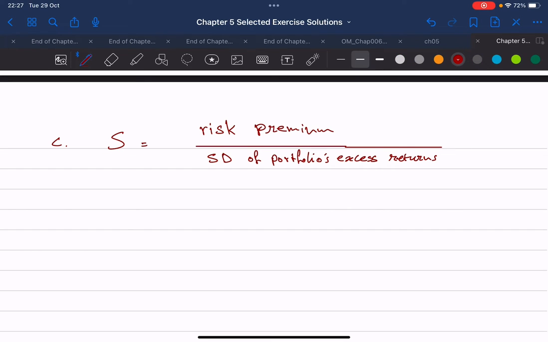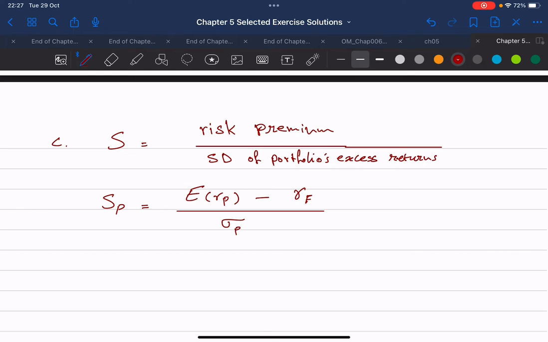So I can say Sharpe ratio on the risky fund, we called it P, so I'll say SP. The risk premium is going to be the expected return on P, which is the risky fund, minus the risk-free rate, right? All divided by the standard deviation of the portfolio.